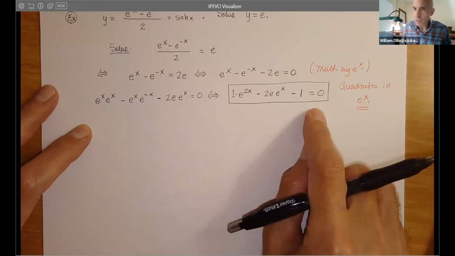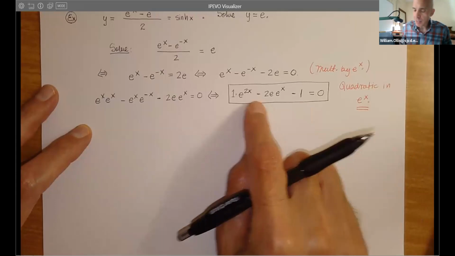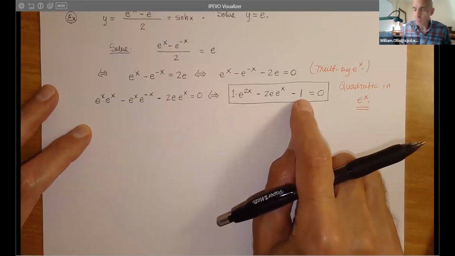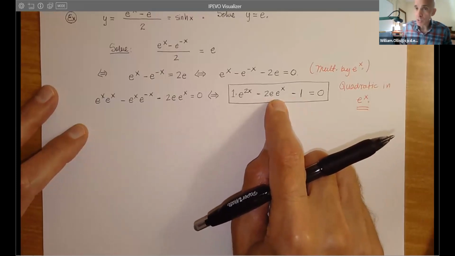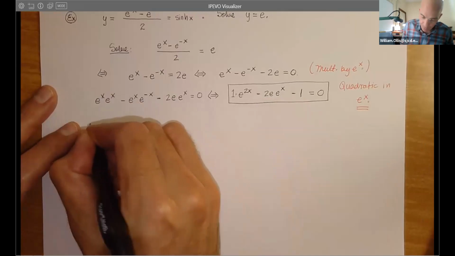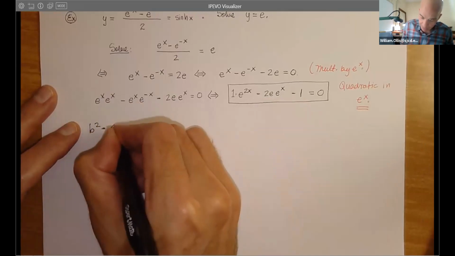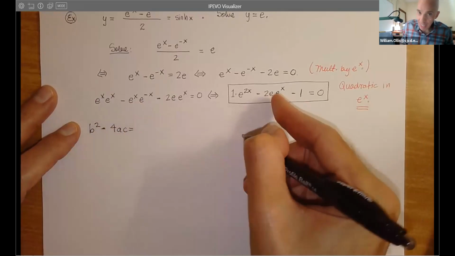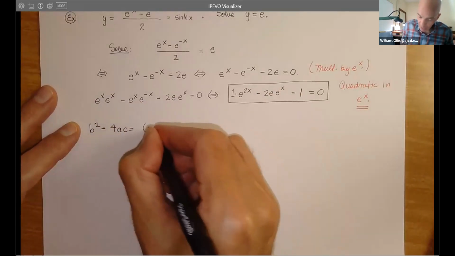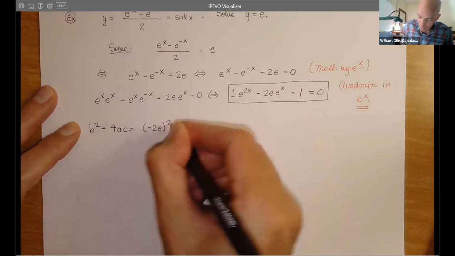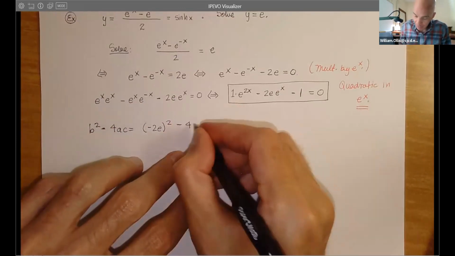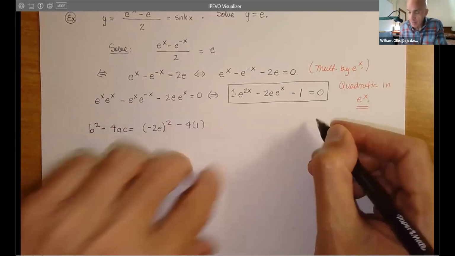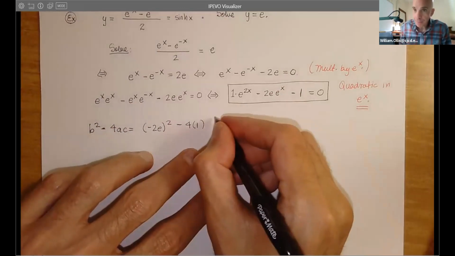So now this is quadratic in e to the x, but clearly the AC method, that'll give us -1. That's never going to add to -2e, so we have no chance of factoring this. So now we're going to use the discriminant. So b squared minus 4ac. So we have -2e as the b, so (-2e) squared minus 4 times the a, which is 1, times the constant term, which is -1.